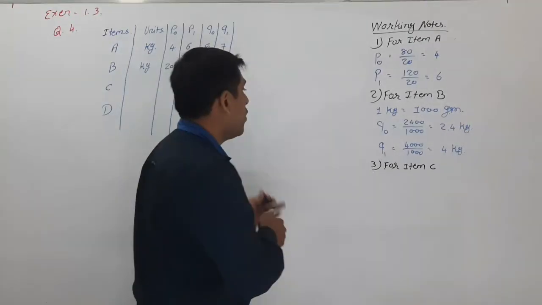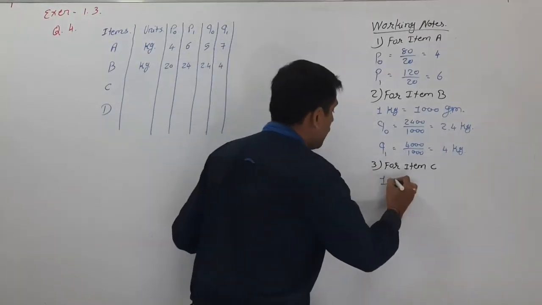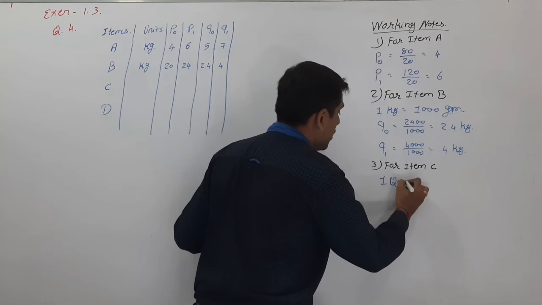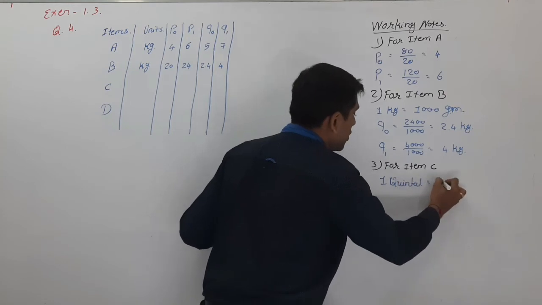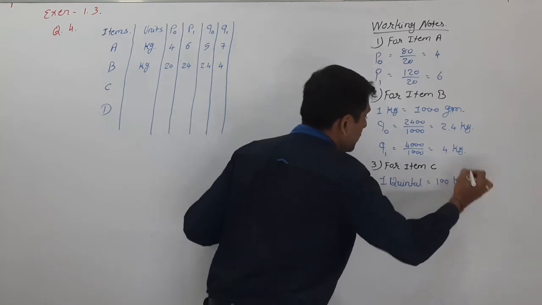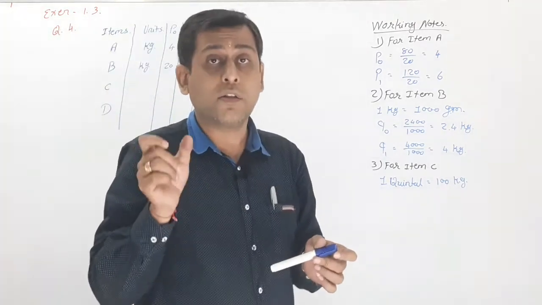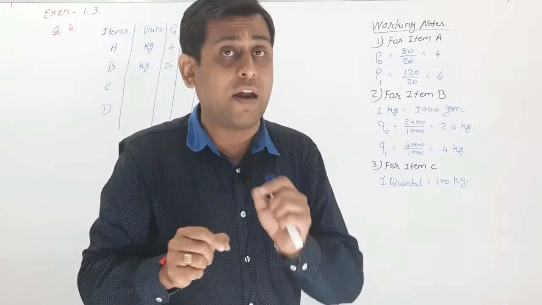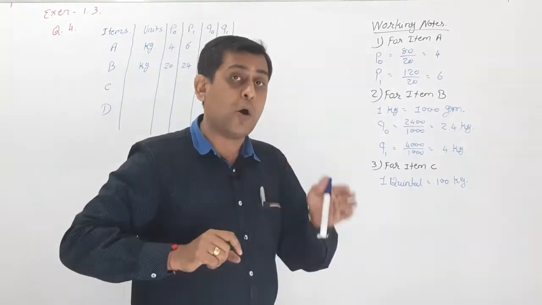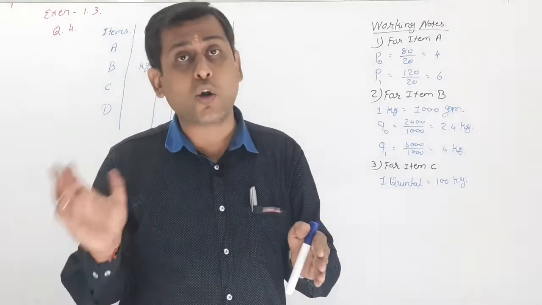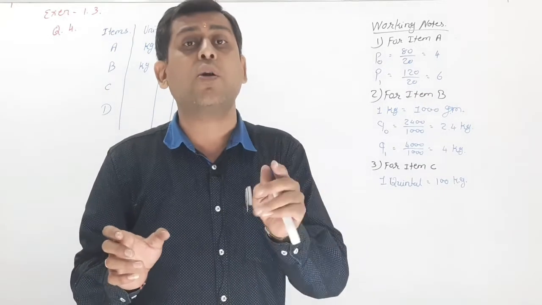So we have to convert, first of all, 1 quintal is equal to 100 kg. We have to convert what? Quantity or price? That we see in the question: whichever amount, price or quantity, is higher, we have to convert that.